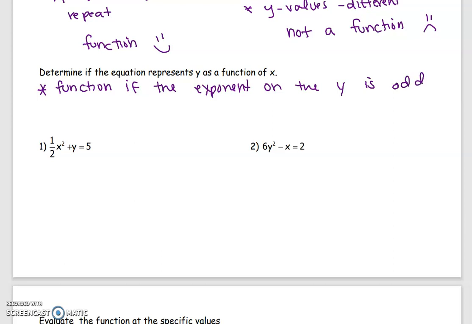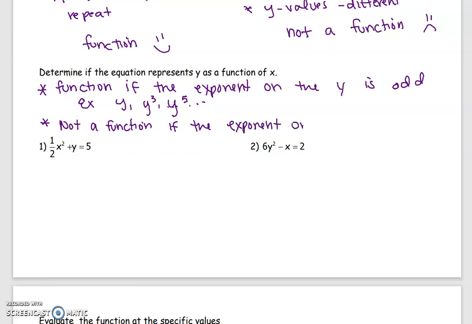So for example, y, because it would have a 1 as its exponent, y to the 3rd, y to the 5th, and so on, okay? Not a function if the exponent on the y is even.